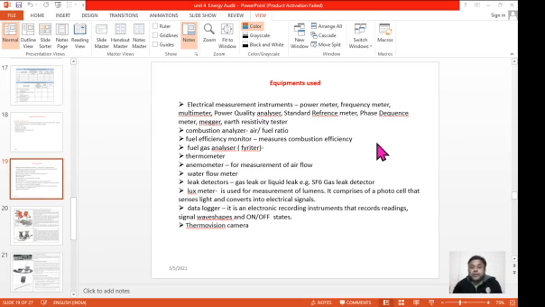So such type of hotspots are detected by the instrument called thermovision camera. It comprises of infrared camera, laser gun, infrared gun, and one will detect the spot and the other will sense the temperature, and that temperature is stored in the memory of the camera.